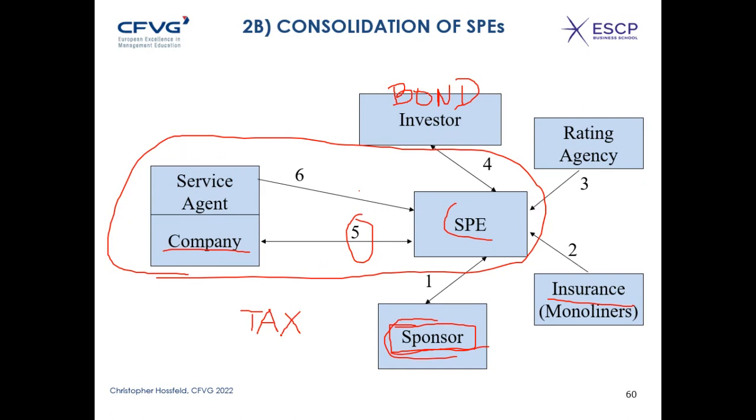For example, in the airline industry, they use a lot of SPEs in Japan, in France, etc., because there's a thing called Japanese lease or French lease or Austrian lease from Austria in Europe. And in all those cases, actually, what's happening is that you get a tax break if you locate the SPE in Japan or if you locate the SPE in France, etc. So it is a tax advantage of doing this.